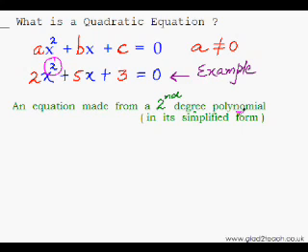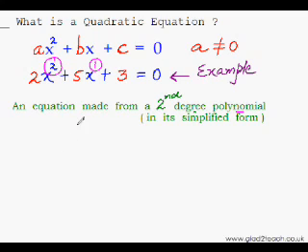Now, do you know what polynomial is? Polynomial is any algebraic expression where the power of the variable x is a non-negative integer. Like 2, it is a non-negative integer. Similarly, the power of this variable x is 1, which is also a non-negative integer.